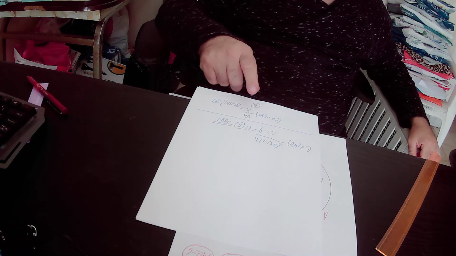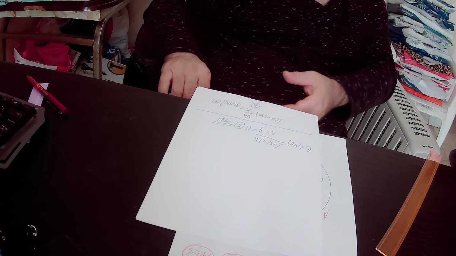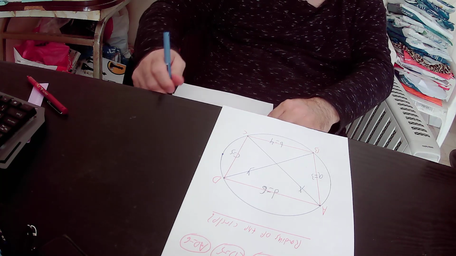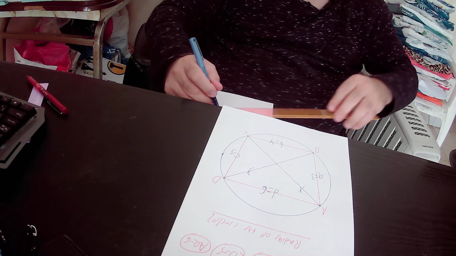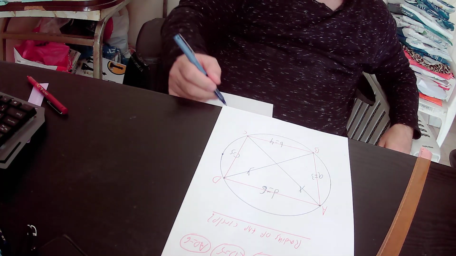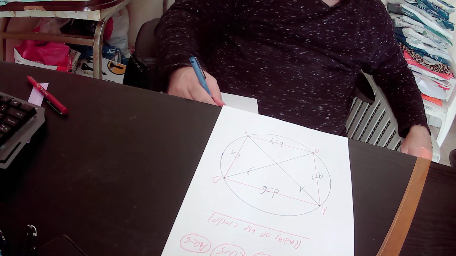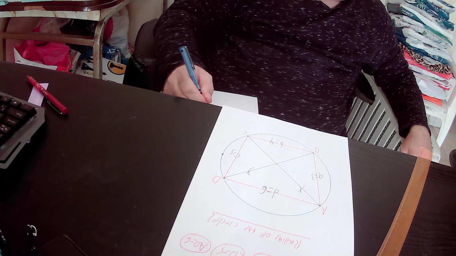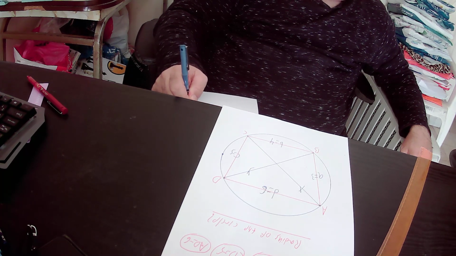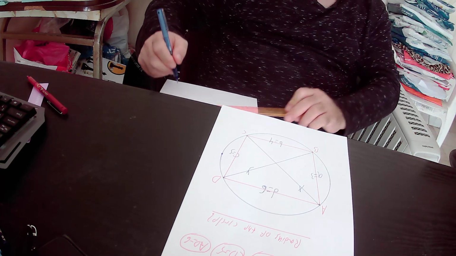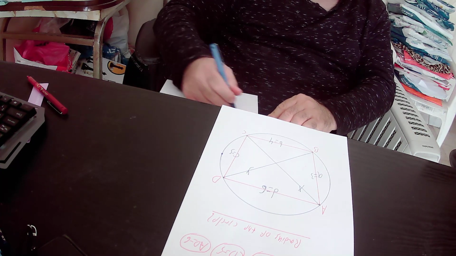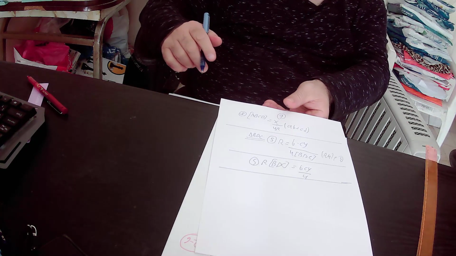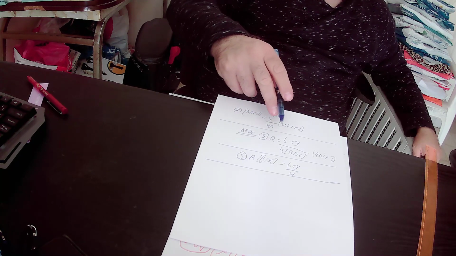So here we will multiply equation number 5 by the area of triangle BDC, and we will get that R times the area of triangle BDC will be equal to BCY over 4.